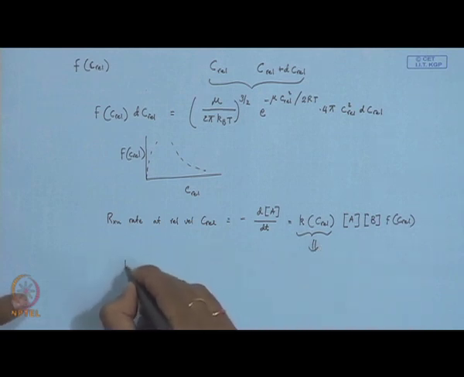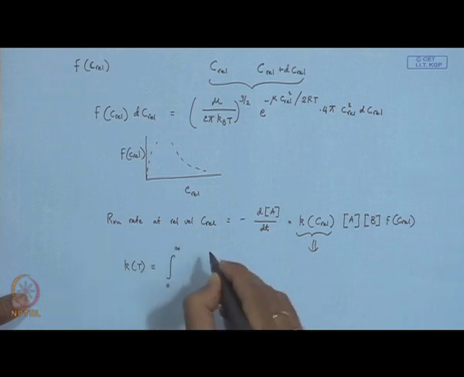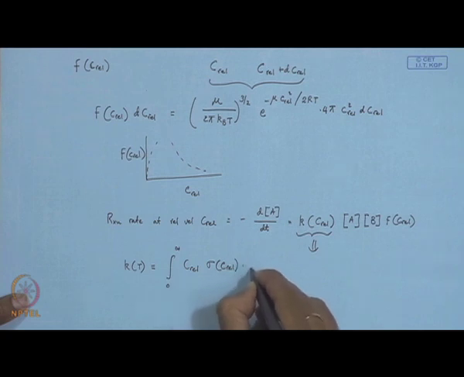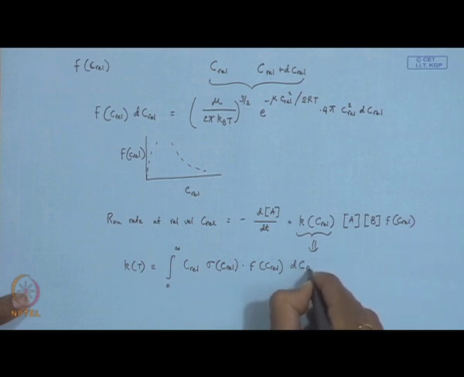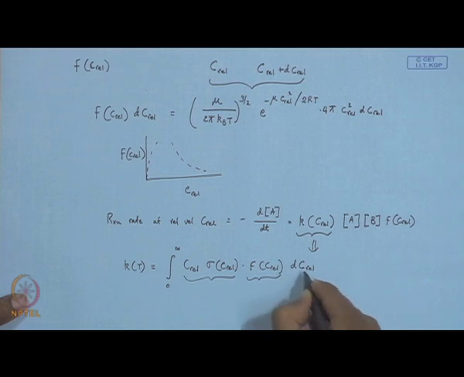So, therefore, average kT can be written as integration from 0 to infinity, that is we are integrating for all the speeds, okay, c relative into sigma c relative into f c relative dc relative, okay. So, this is your probability function, this is your quantity, and this is the integration variable, okay.